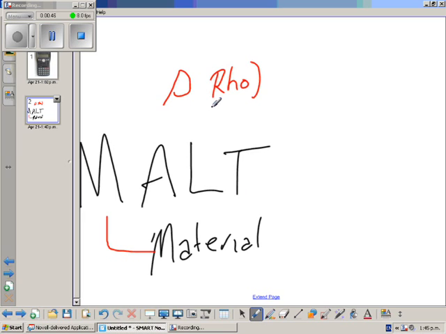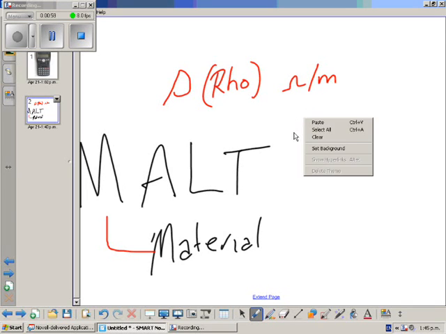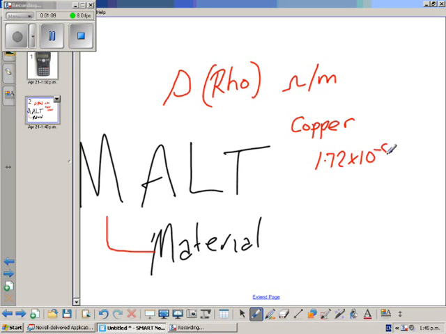What they came out with is a number of resistance per meter of material. A couple of figures we use all the time is copper. Copper is a good conductor, and copper has a very low resistance of 1.72 by 10 to the negative 8 ohms per meter.